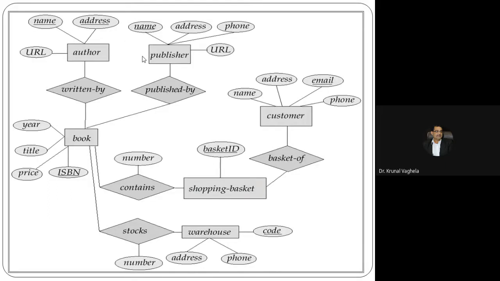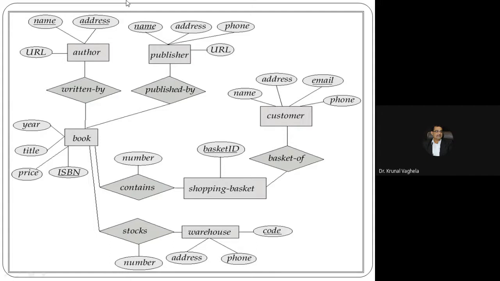Which system's ER diagram is this? It is bookshop, or online bookstore management system, where book related information is there, author is there.